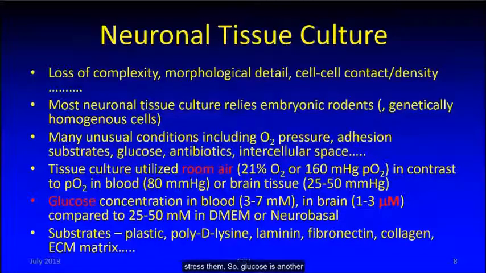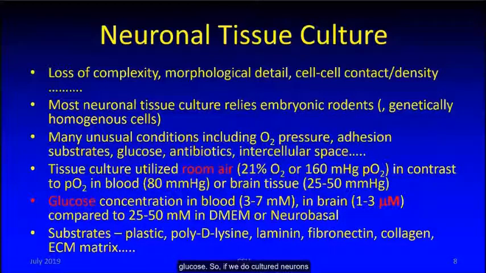Glucose is another great example. In the blood, it's 3 to 7 millimolar. If you go above 7 millimolar, you're not going to feel great, and it becomes quite dangerous. In the brain, newer data suggest somewhere around 1 to 3 millimolar. Our basal media, like DMEM or Neurobasal, has 25 to 50 millimolar glucose.